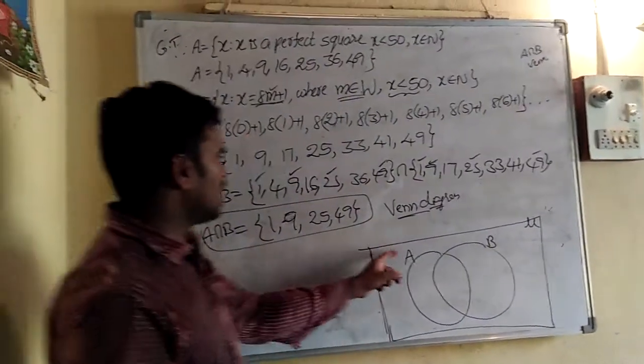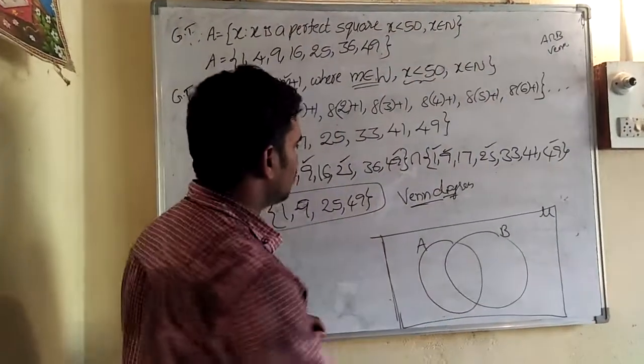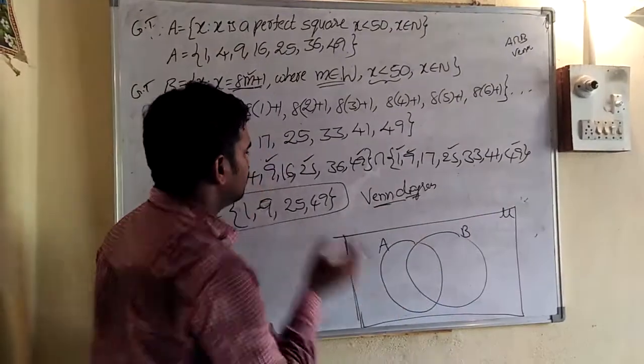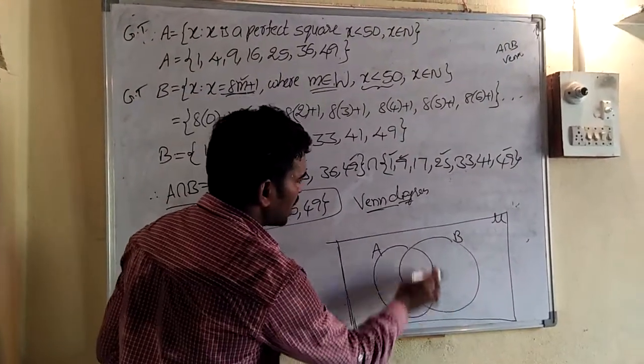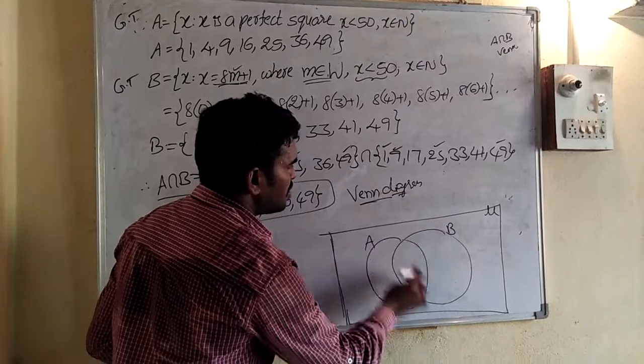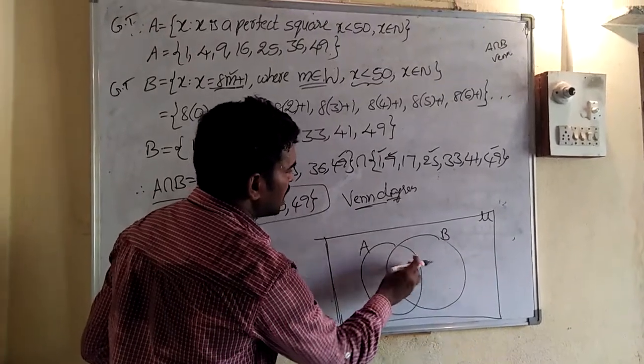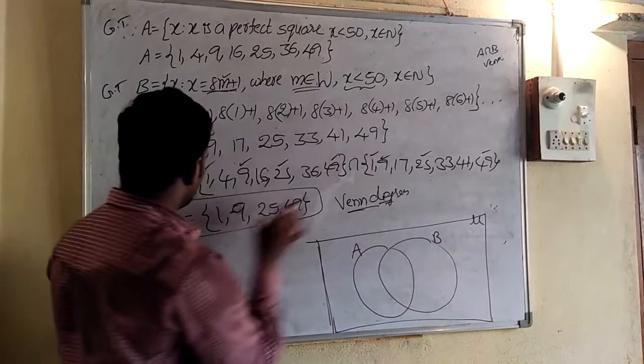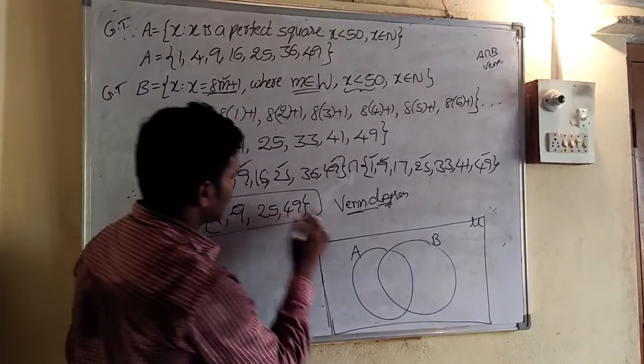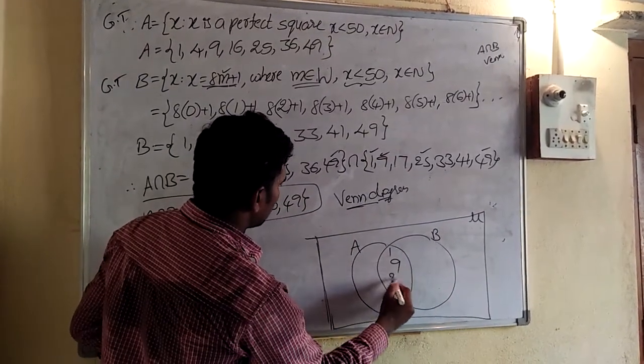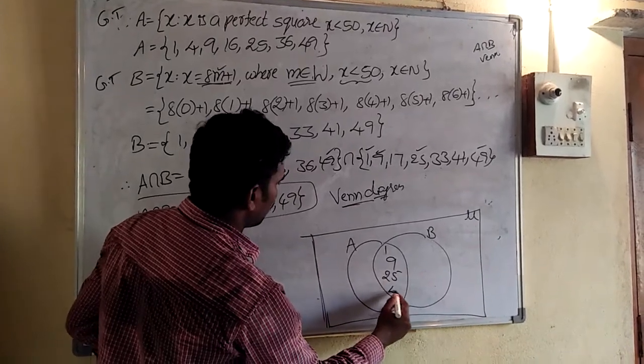Common elements can be written in the middle, because this is the common area of A and B. What are the common elements in both? These are the only common elements: 1, 9, 25, 49.